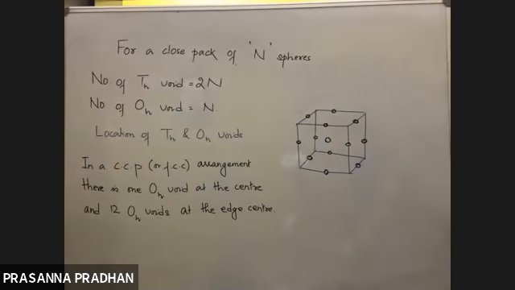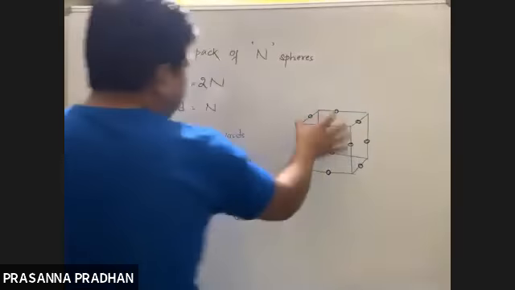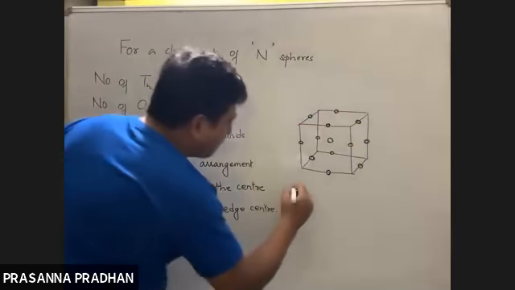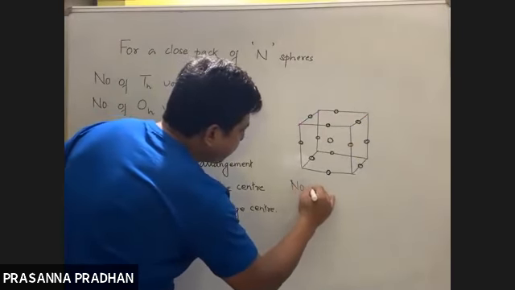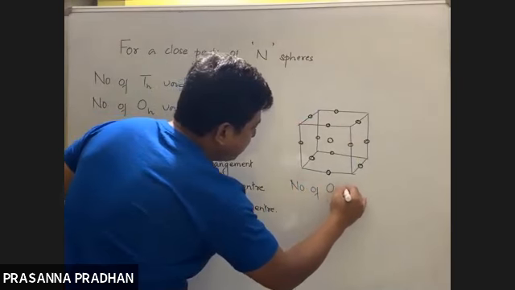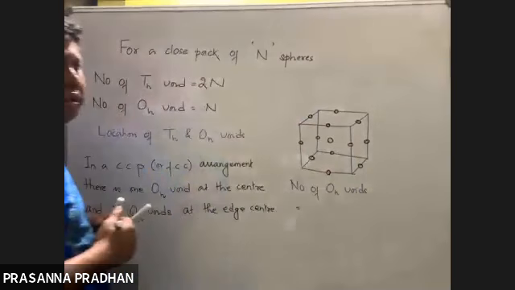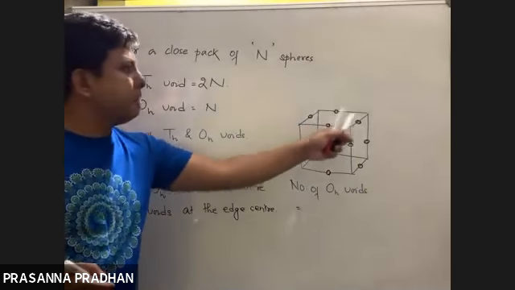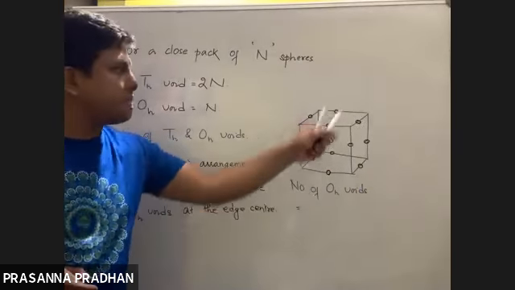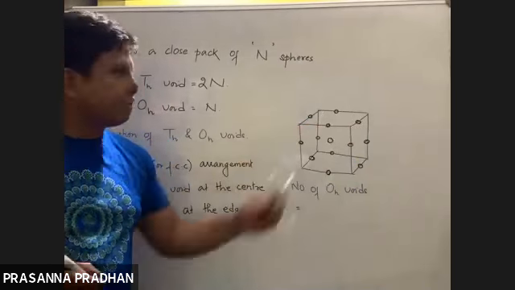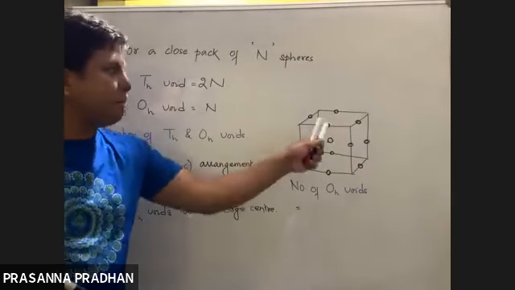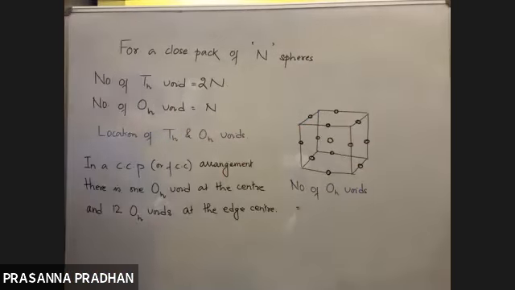Now can you calculate the number of octahedral voids? I have told you where they will be. So how do we calculate the number of octahedral voids? Just like you calculate the number of atoms: a void at the edge center does not belong only to this unit cell, it is shared by other unit cells as well. So the same calculation.